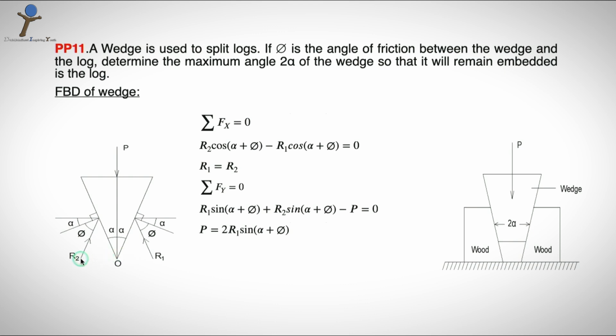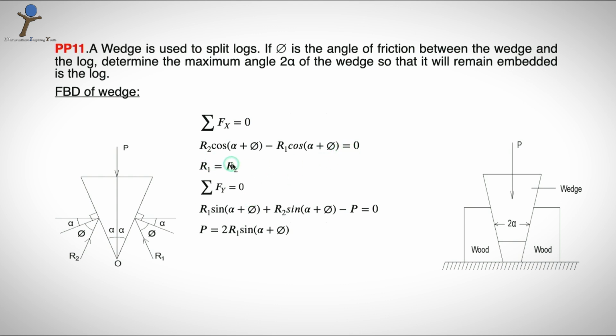For instance, R1 becomes R1 cos(alpha plus phi) horizontally, and R1 sin(alpha plus phi) vertically. R2 becomes R2 cos(alpha plus phi) on the horizontal and R2 sin(phi plus alpha) in the vertical direction. So in sigma Fx equal to 0, you have two forces, R1 cos(alpha plus phi) and R2 cos(alpha plus phi), which are acting in opposite directions to each other.